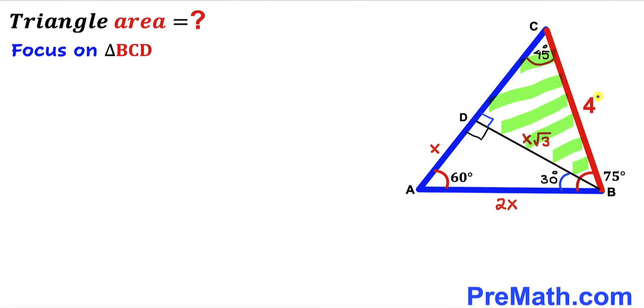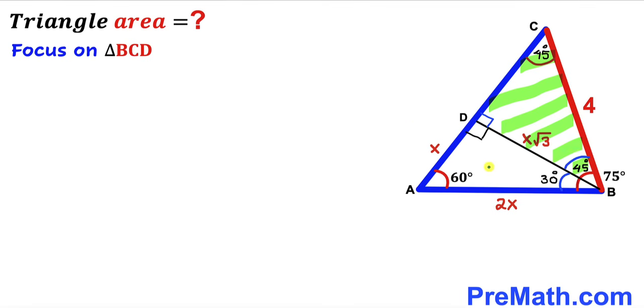Now we are going to focus on this other triangle BCD. Let's make an observation. We can see that this whole angle is 75 degrees, and this angle is 30 degrees. So this remaining angle has got to be 45 degrees.